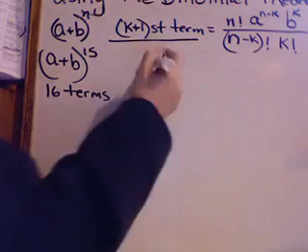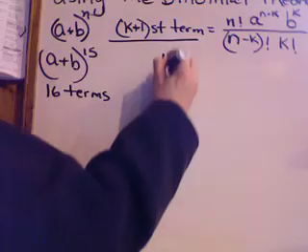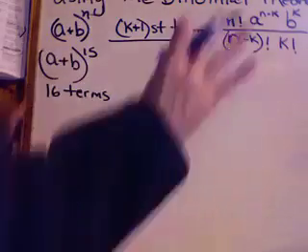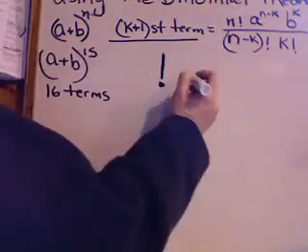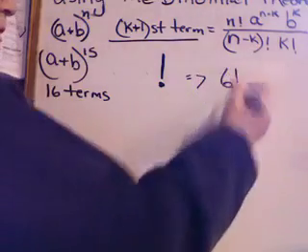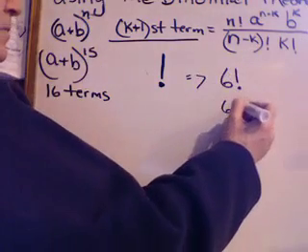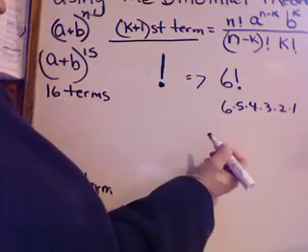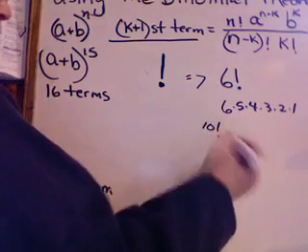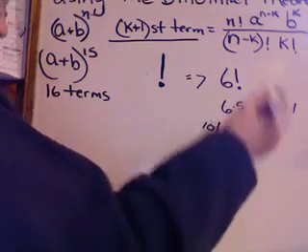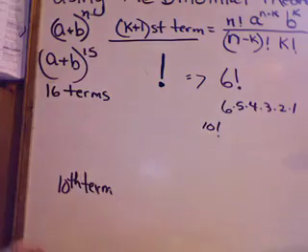I know in English class it's an exclamation point, like wow, but in mathematics, the factorial means this. If I give you 6 factorial, I mean 6 times 5 times 4 times 3 times 2 times 1. What do you think 10 factorial means? That's right. 10 times 9 times 8 times 7. I'm not going to write that one, but you get the hang of it.